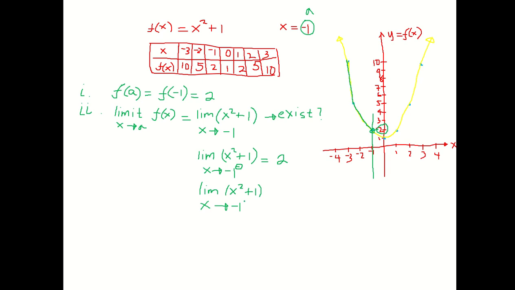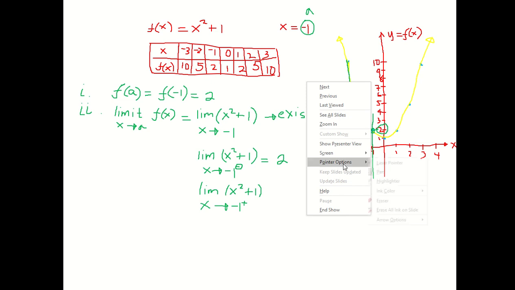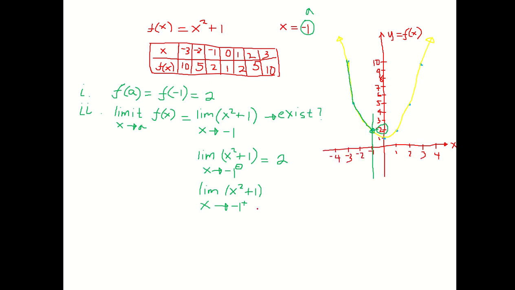So we have here plus. The plus indicates that the tracing of the graph is from the right. So from this part of the graph, you trace from the right towards negative 1. From here, you trace it down.